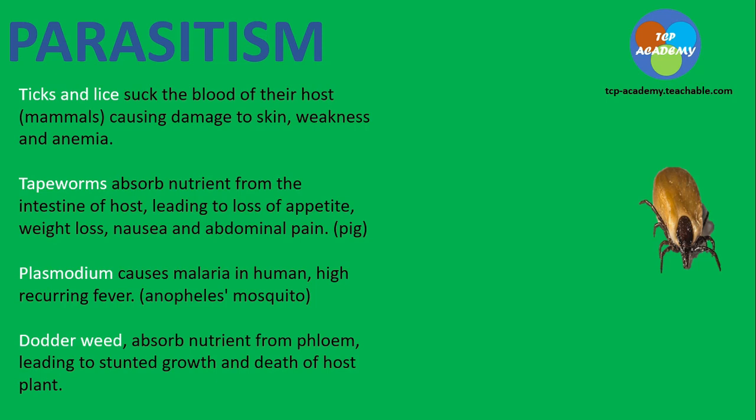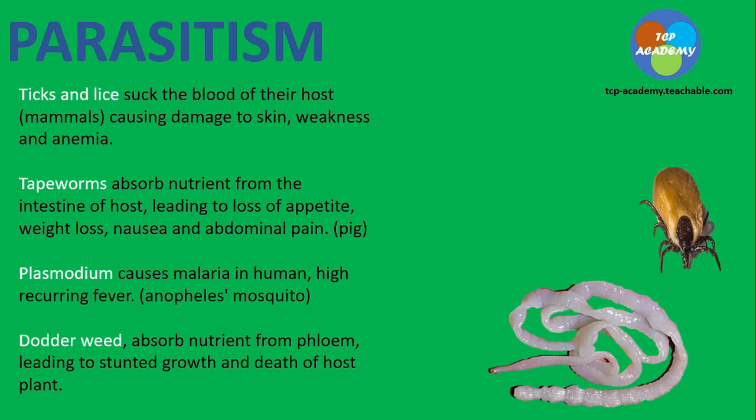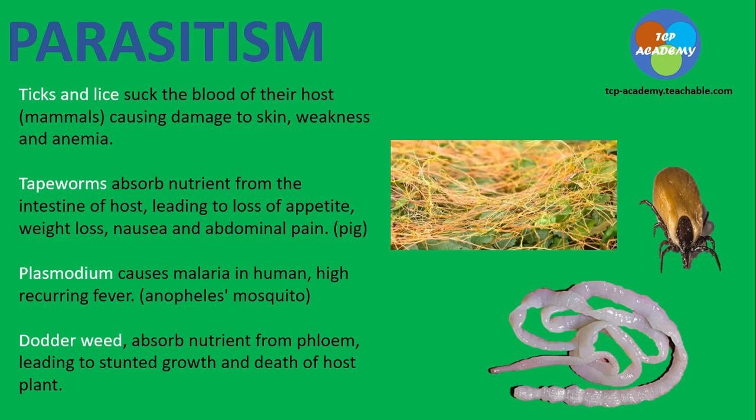Here we have a tick, which is an ectoparasite, the tapeworm, an endoparasite, and of course, the love bush, which is called love bush, dodderweed, strongback vine, or parasitic plant. This orange looking vine is definitely the plant that we really don't want among the useful plants that we have around the home.